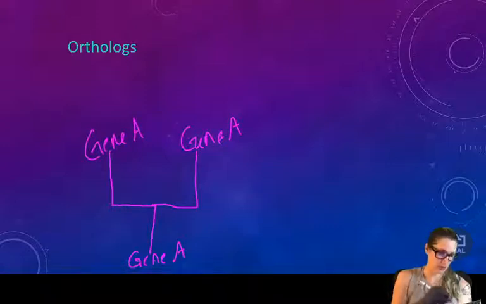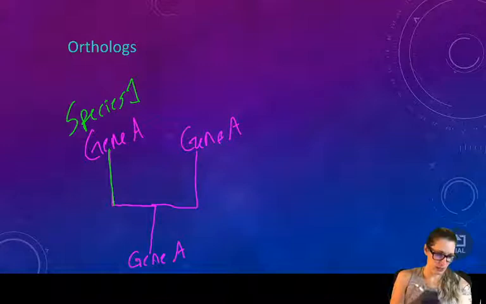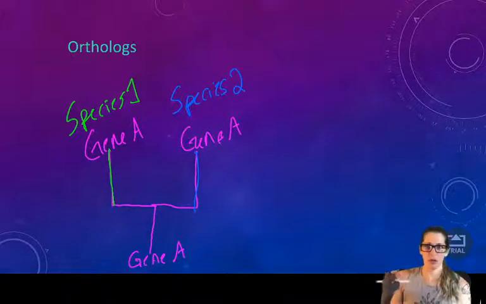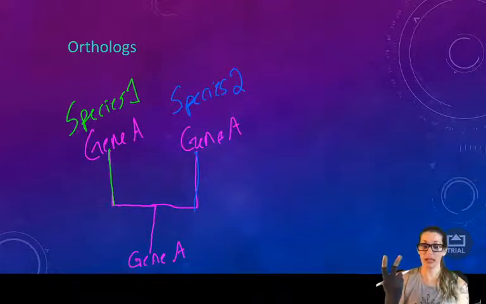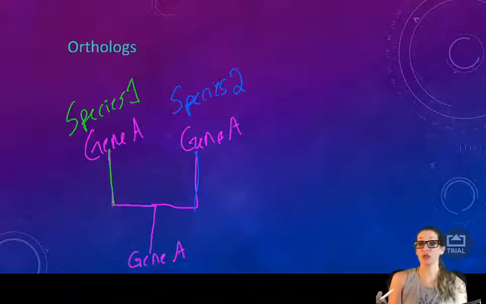So it's present in species 1 and is present in species 2. Those genes are related to each other by common ancestry. So orthologs, or orthologous genes, are like what we learned about with homologous structures. They're related to each other by common ancestry.